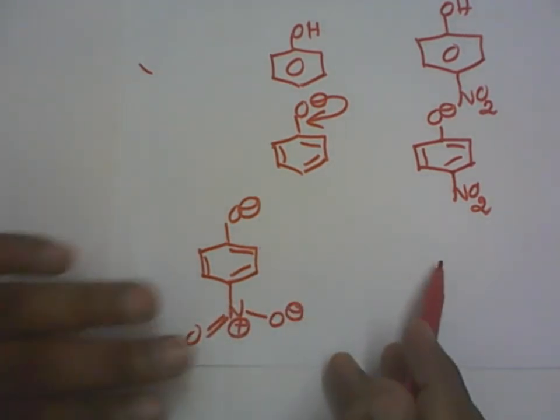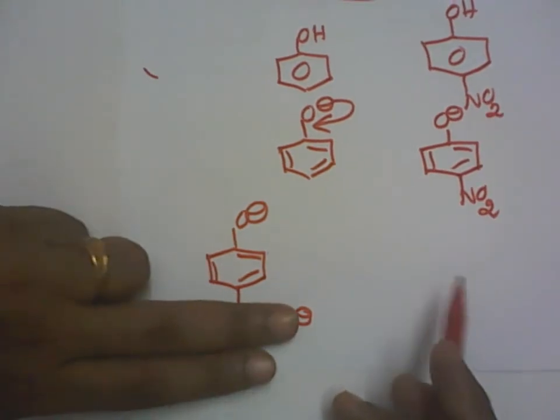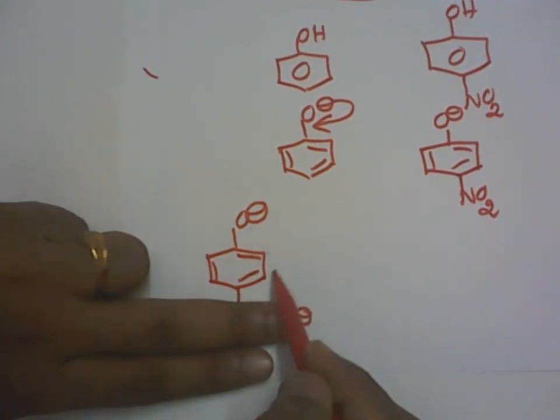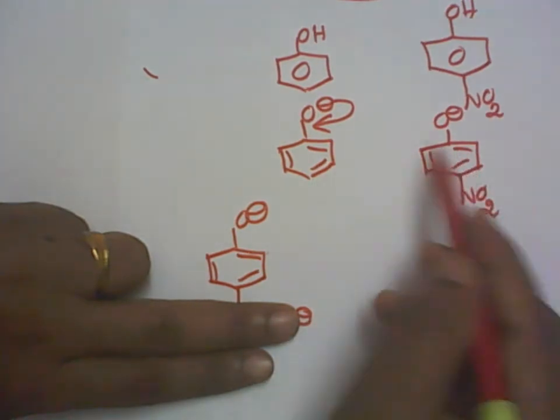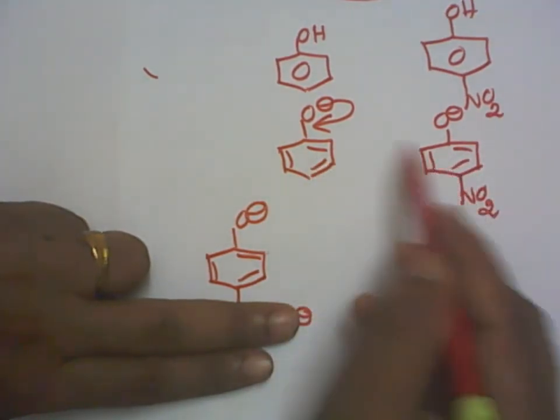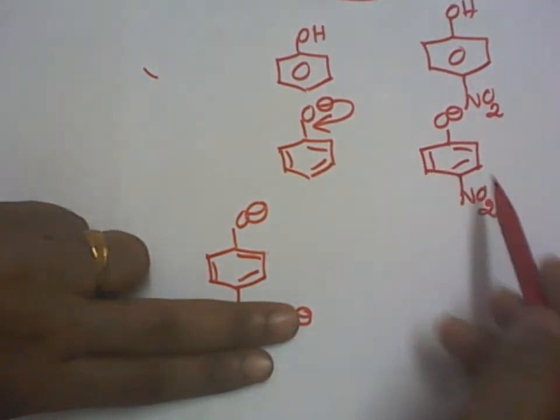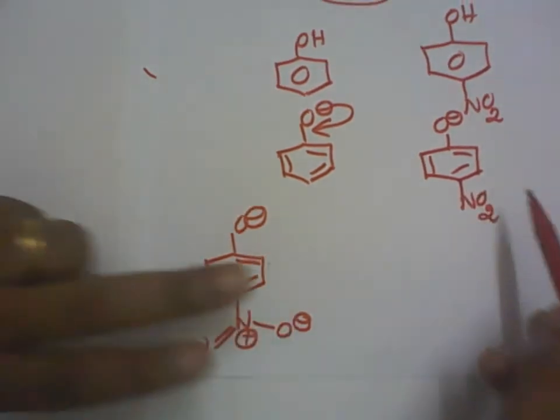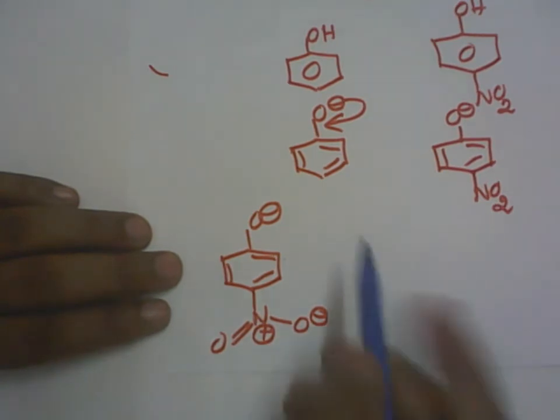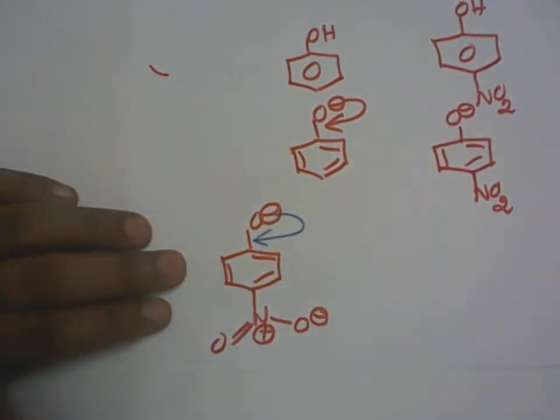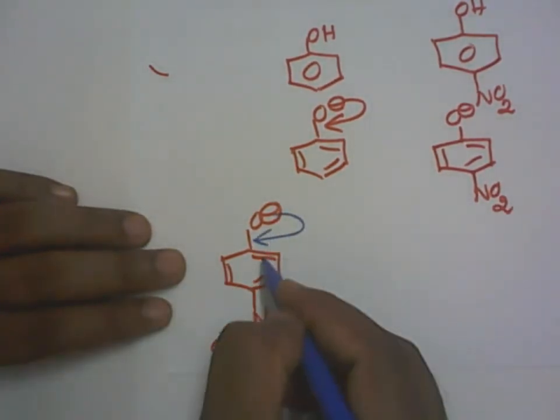Now see here, suppose there is no nitro group, the negative charge is also delocalized on the benzene. That is there in both cases. It is possible. Also, the nitro group is also taking care of the phenoxide ion. How does it take care? See here. So the negative charge becomes a bond. This bond can shift now.